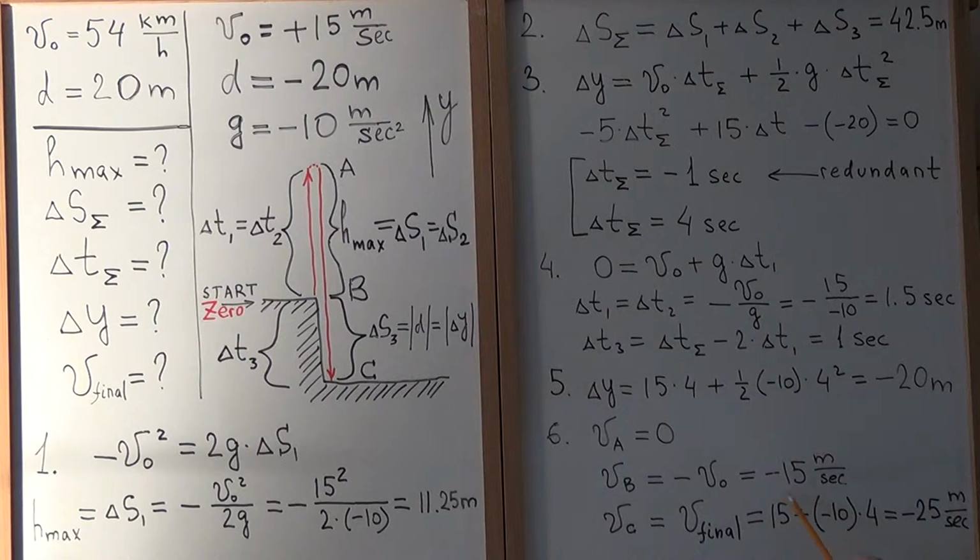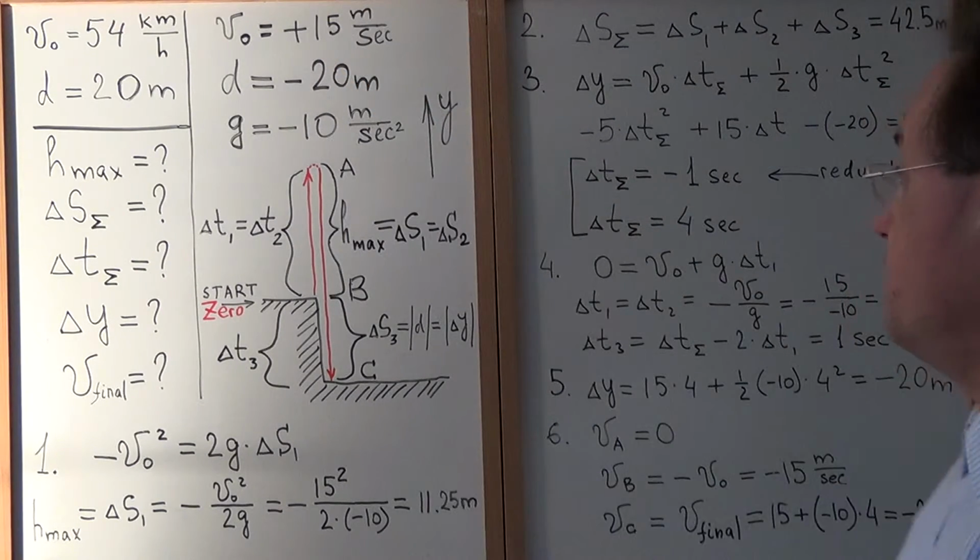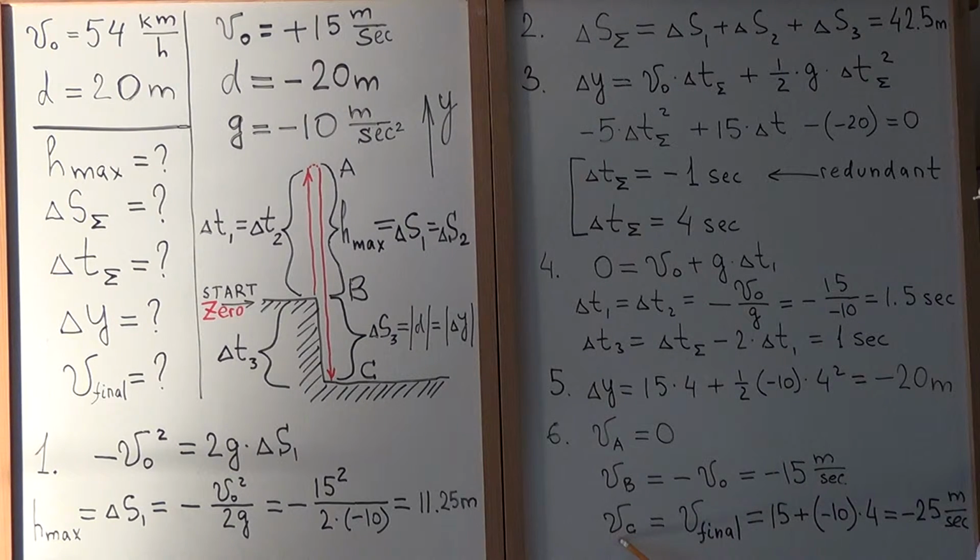So it's negative 15 meters per second. Initial was positive. And the velocity at point C, which is the final velocity, we can find with the standard formula using initial velocity, acceleration, and total time: negative 25 meters per second.